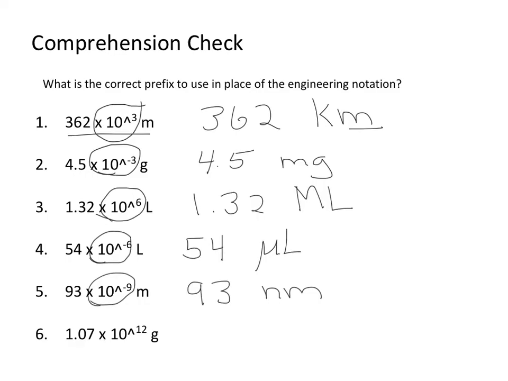For this last one, 1.07 times 10 to the 12th grams, you can replace the 10 to the 12th, again going to the table, that would be a tera, so this would be 1.07 teragrams.